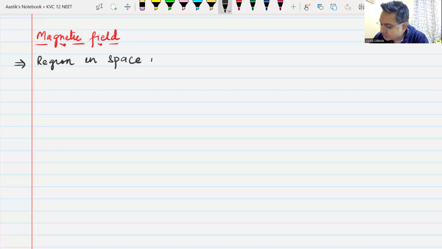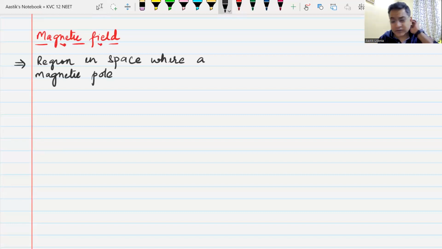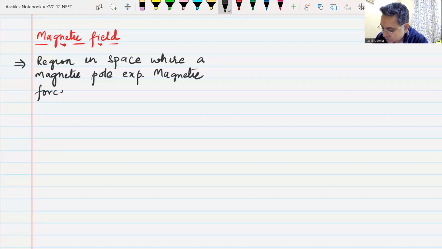It's a region in space where a magnetic pole, north pole or south pole, experiences magnetic force.